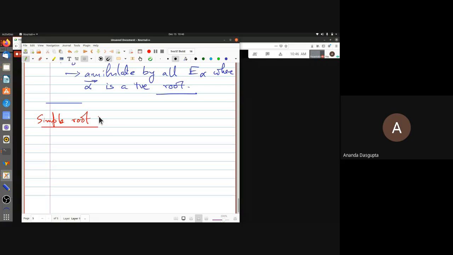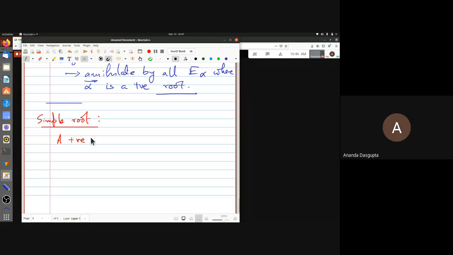So among all roots, there are positive roots, there are negative roots, and of course, there could also be a zero root, but the zero root is not even called a root, it corresponds to all the Cartan subalgebra elements. Okay? So what exactly is a simple root?